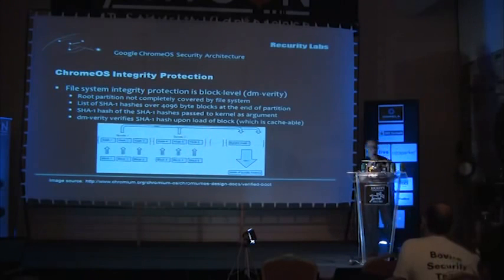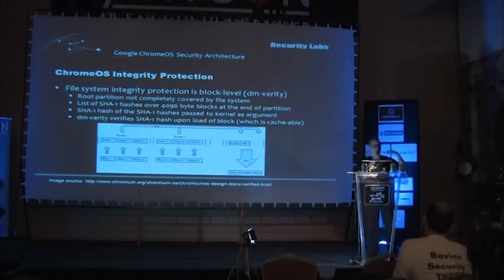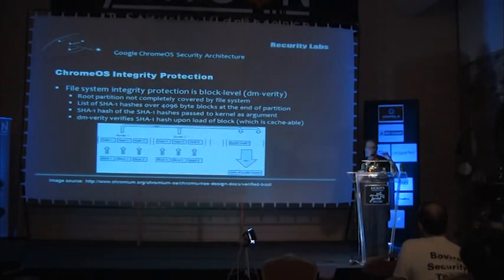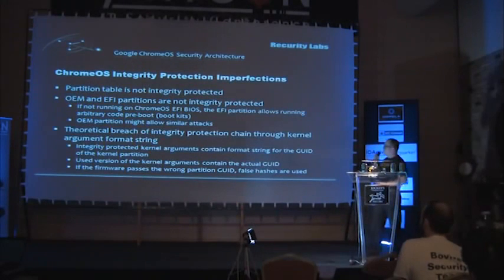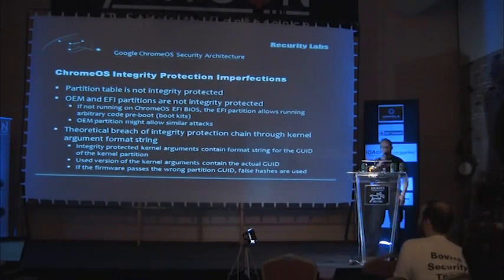This is actually extremely smart because caching kicks in on a layer above that, so you're not verifying a block twice in most cases. And this brings your boot up time, for example, down to less than 10 seconds and makes it really, really portable. However, even that integrity protection has imperfections. For example, the partition table is not integrity protected.